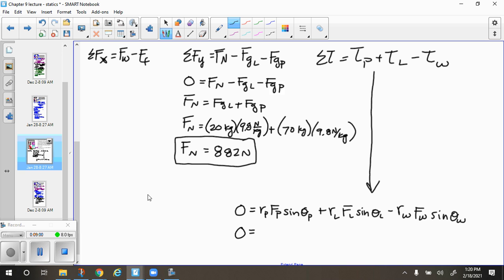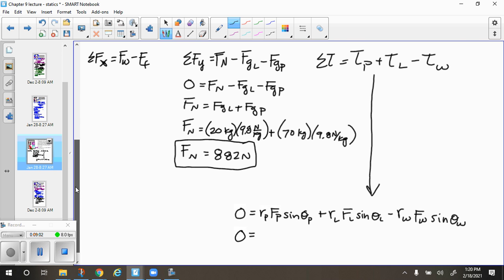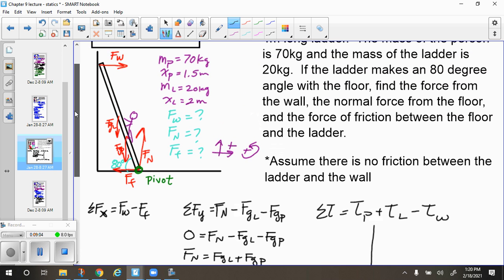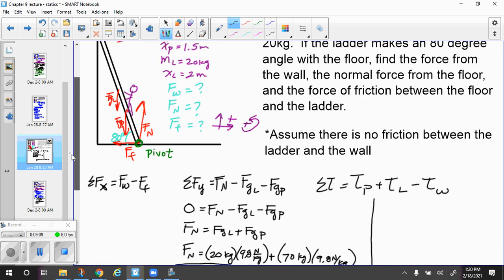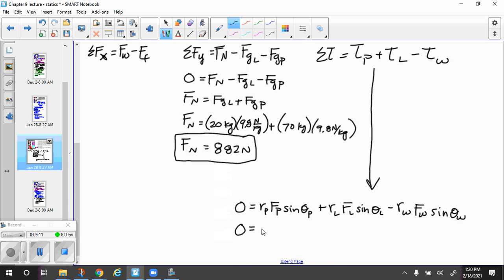So radius of the person was 1.5 meters above along the ladder, so from the place where the ladder hit the ground. So that's 1.5 meters. The force of the person is going to be 70 times 9.8.